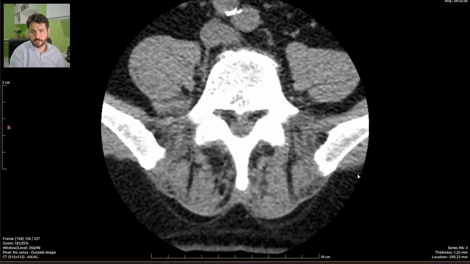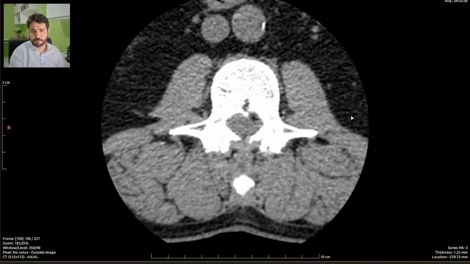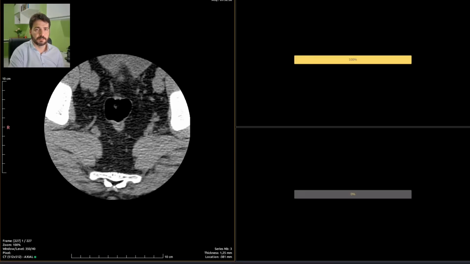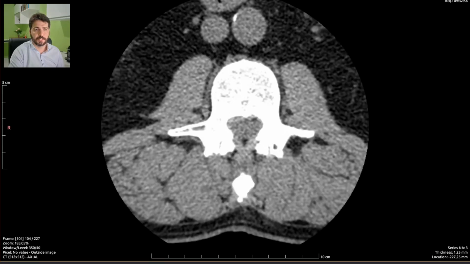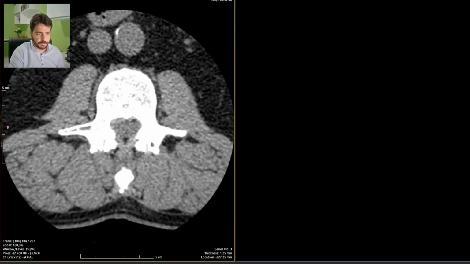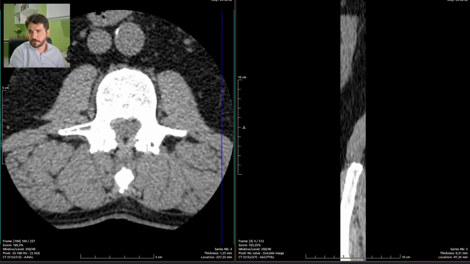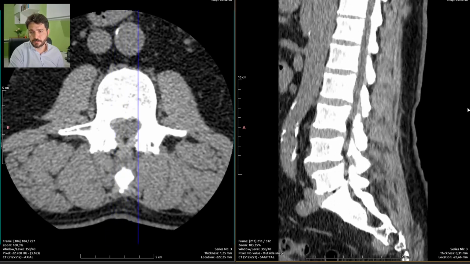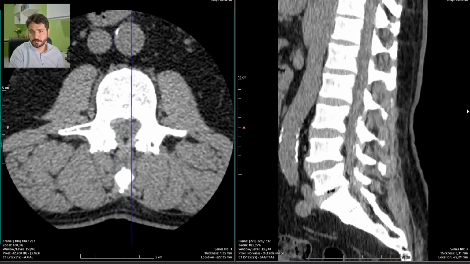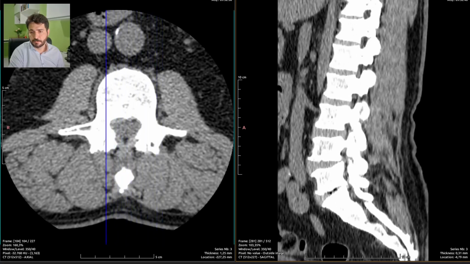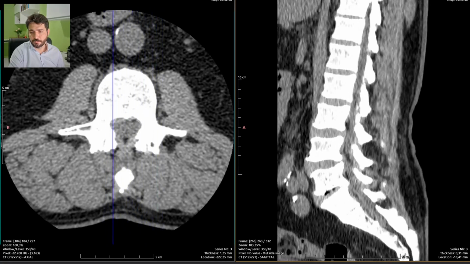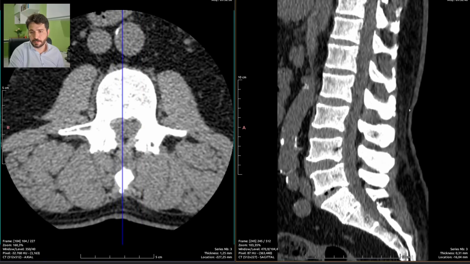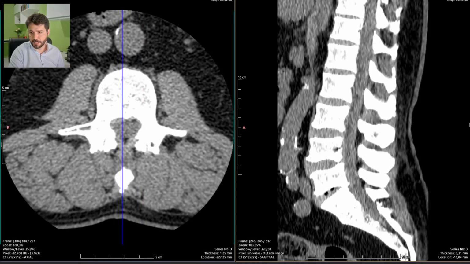We have a lot of degenerative signs. This isn't a normal spine. This patient has all the reasons in the world, in his spine, to be feeling awful, to be in an awful state of pain.